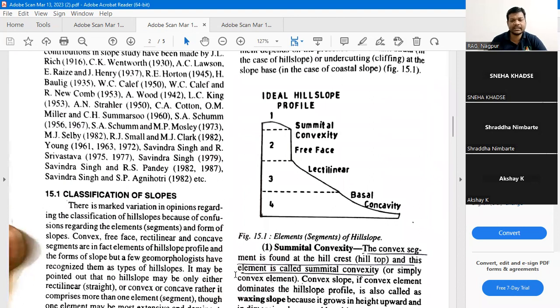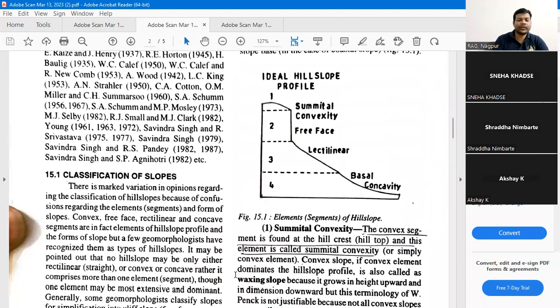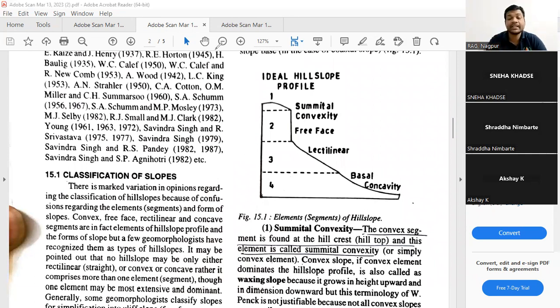In this diagram you can see the slope profile. Slope basically is divided into four zones. The first zone is called summital convexity. Then this surface is called the free face.